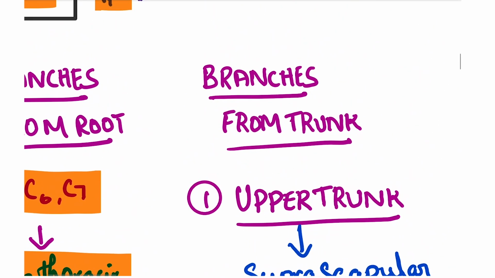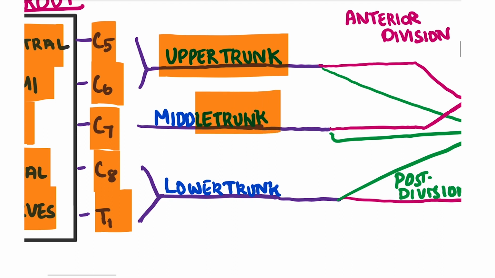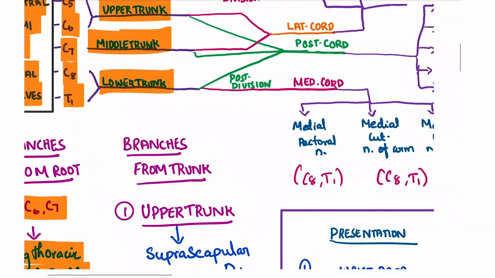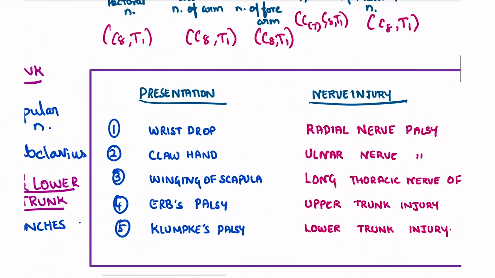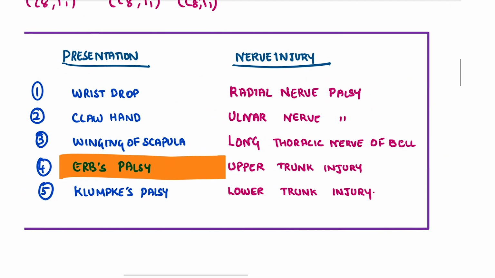And the second one: the roots give rise to trunks. C5, C6 give rise to the upper trunk, while C7 gives rise to the middle trunk, and C8 and T1 give rise to the lower trunk. Now, injury to the upper trunk causes Erb's palsy, where you will see the policeman tip deformity as a characteristic feature.